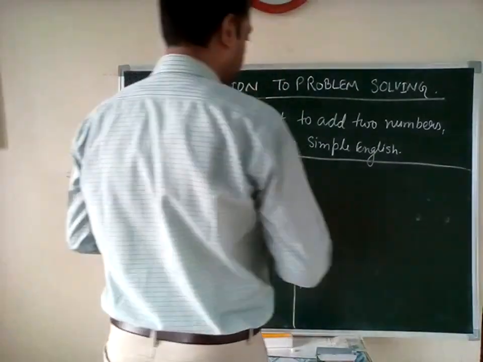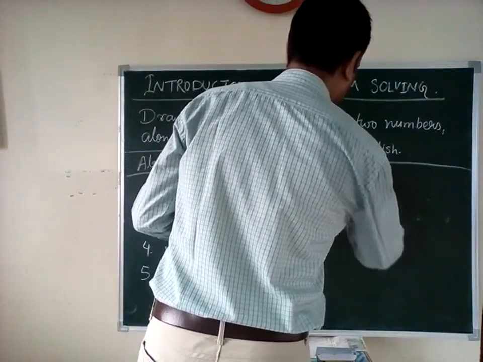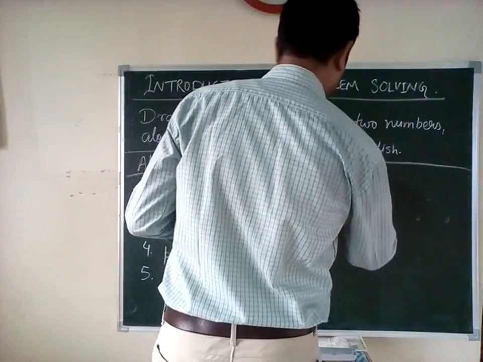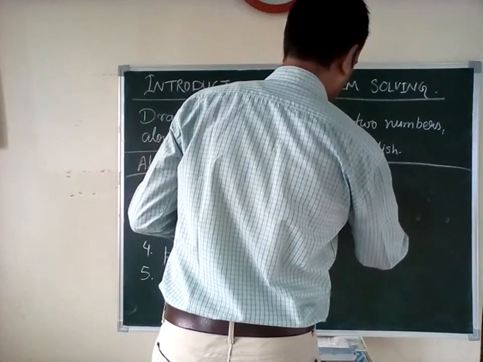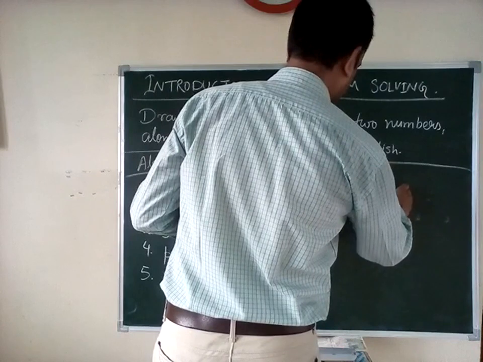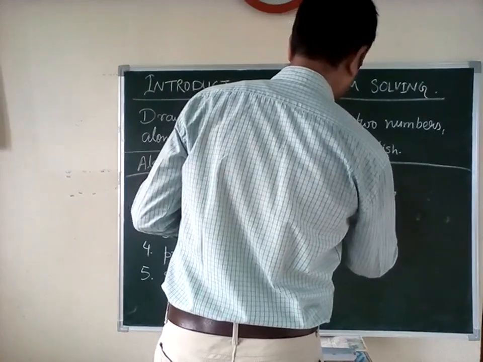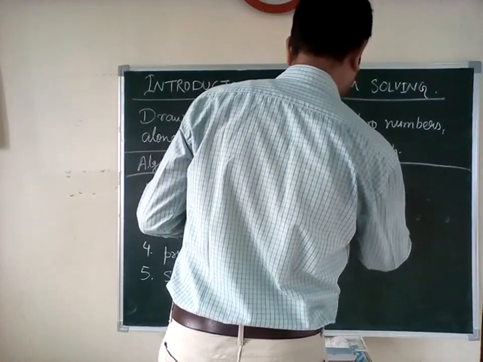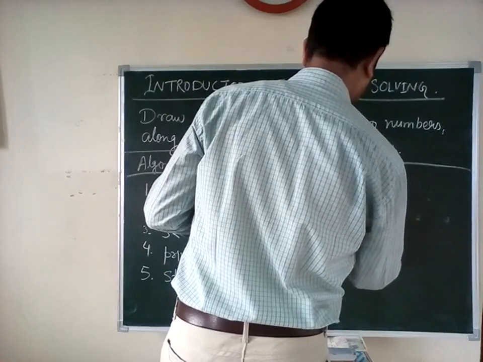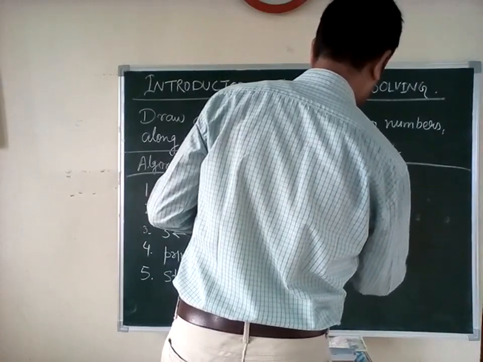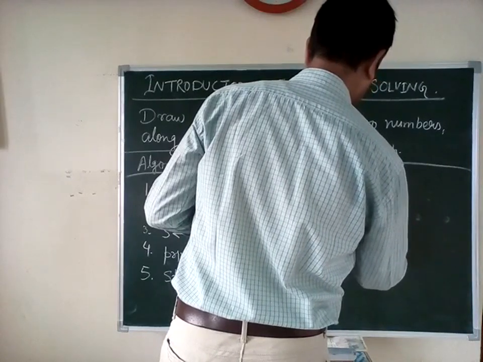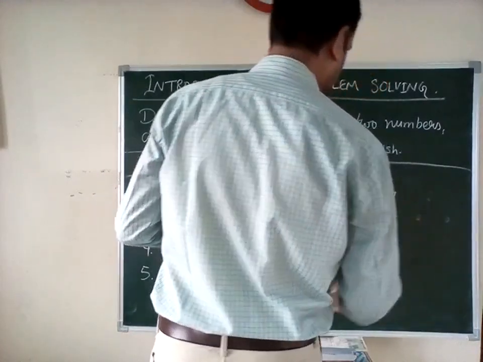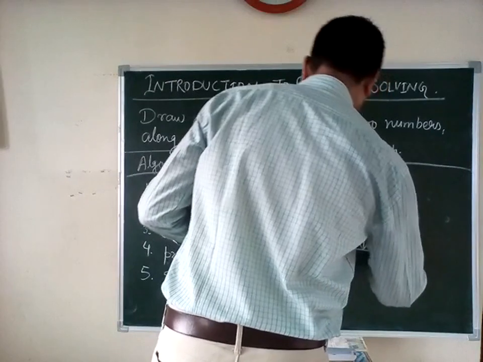So first I will start, so I have just discussed that you will start with this symbol, then you will read the number 1, read n1, then read n2, then what next I have done, I have simply added the numbers.